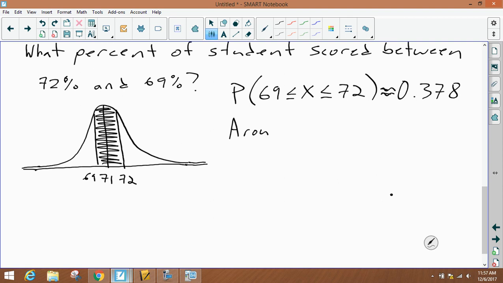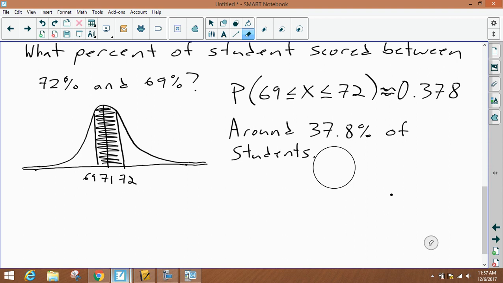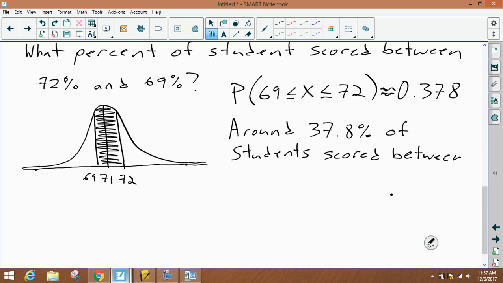So around 37.8% of students scored between 69 and 72.